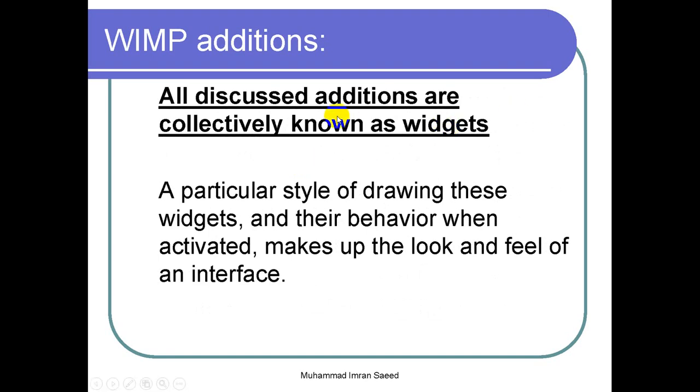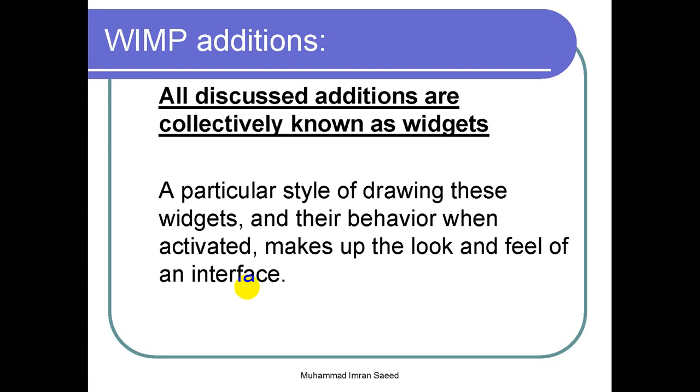All discussed additions are collectively known as widgets. A particular style of drawing these widgets and their behavior when activated make up the look and feel of an interface. So how do I arrange these buttons, these options, these palettes, right? So in fact this defines the widget. So these widgets define the look and feel.